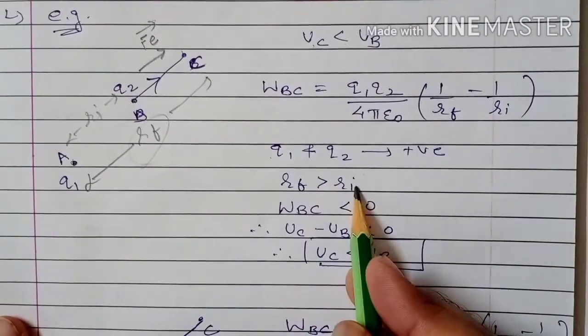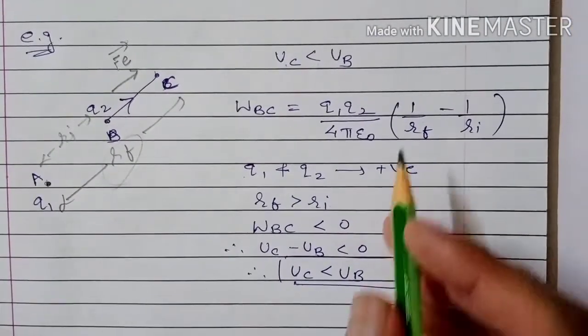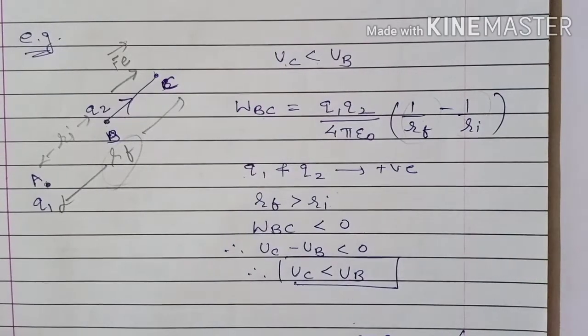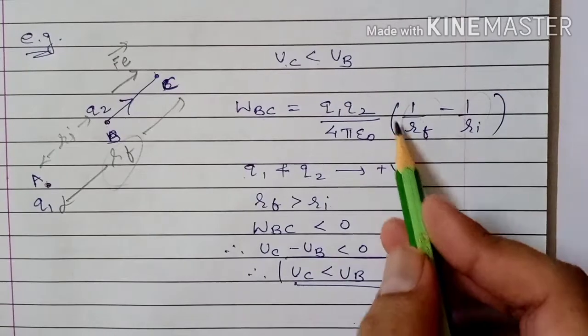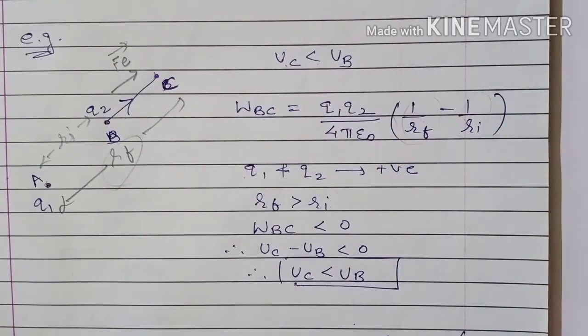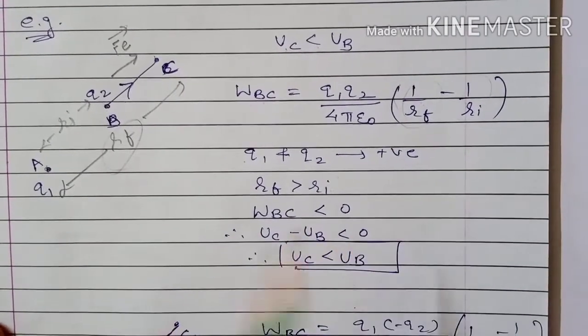If Rf is greater than Ri, then 1 upon Rf is less than 1 upon Ri, so the value of this bracket will be negative. So work done will be negative, less than 0.